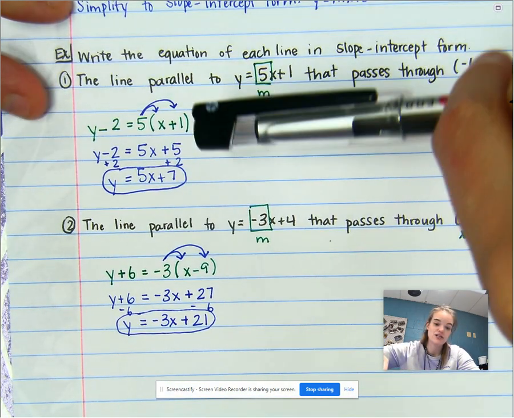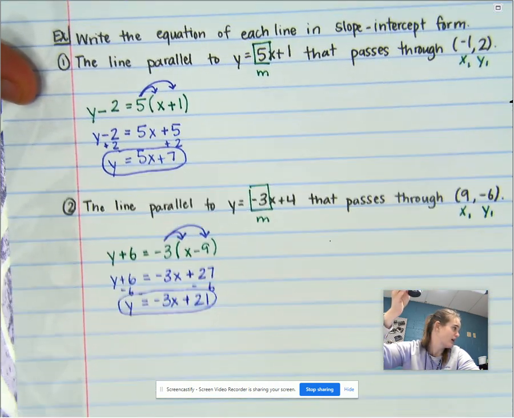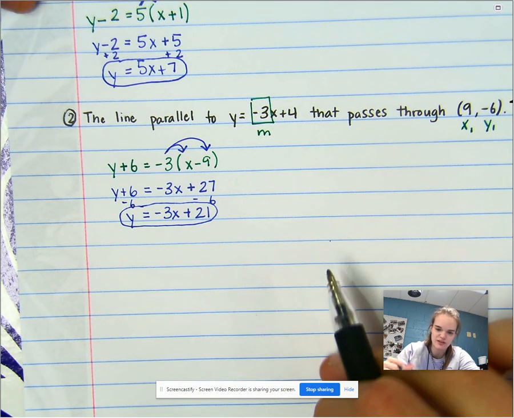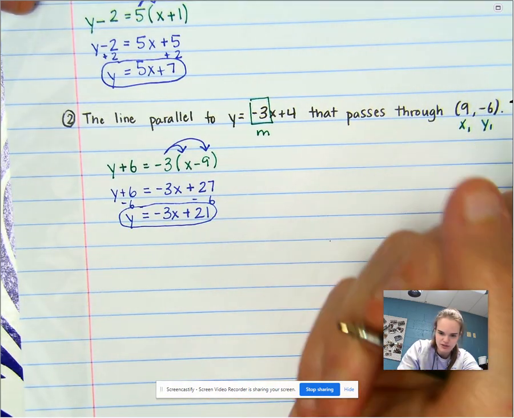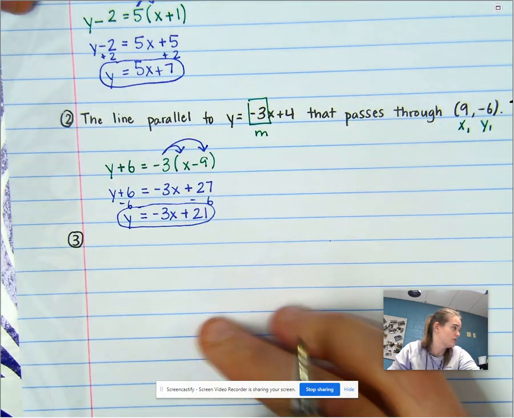By the way, I need you to stay on page 44. If you get off and get on page 45, you're not going to have room. So take a piece of notebook paper and add it to the end of your notebook if you're running out of room. Number 3, I'm going to kind of bunch up number 3 right here. I'm going to have 4 of these.